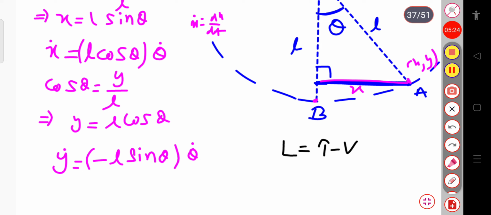Now in this case of the simple pendulum, the first aim is to calculate the kinetic energy of the bob, or the pendulum.